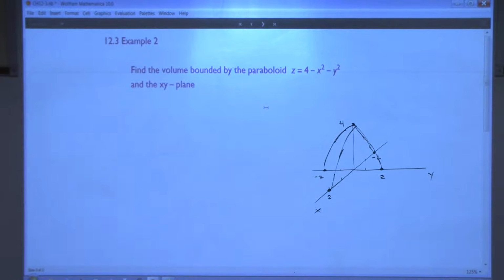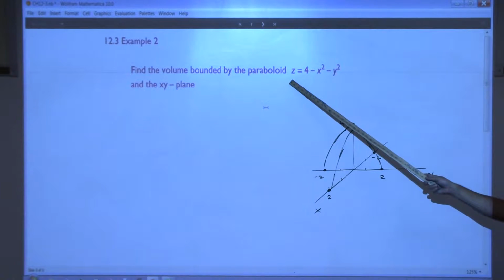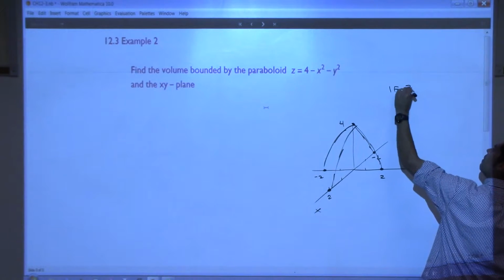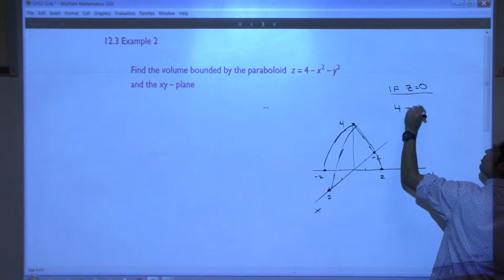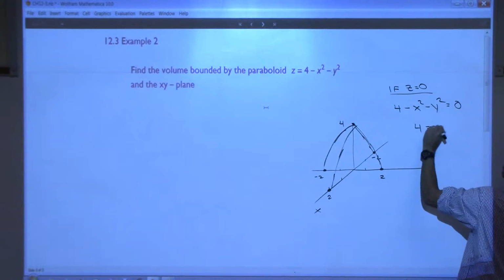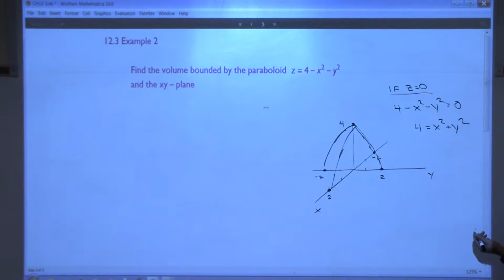A circle, right? And the way you know that is just let z be 0. If z is 0 here, you're forcing that thing down to the ground. If I let z be 0, then that equation 4 minus x squared minus y squared equals 0 is the same as 4 equals x squared plus y squared, which is a circle of radius 2.